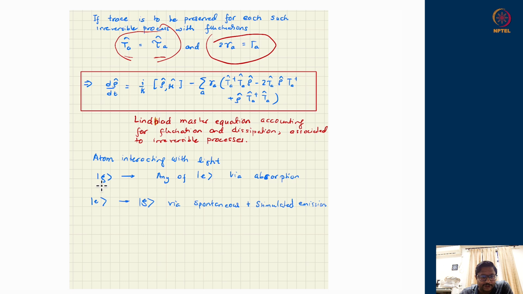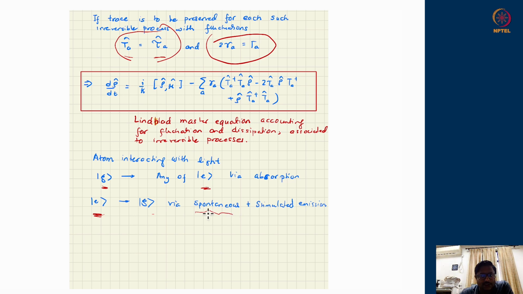Either the atom, if it is in the ground state, can get excited to any of its set of degenerate or non-degenerate excited states via absorption of a photon. That is the state change it will bring about. Secondly, if it is in one of the excited states, it will decay to the ground state via spontaneous or stimulated emission due to the presence of the light or even the vacuum fluctuations.